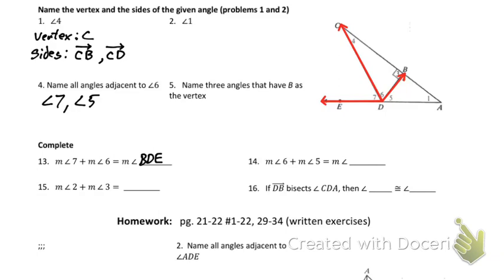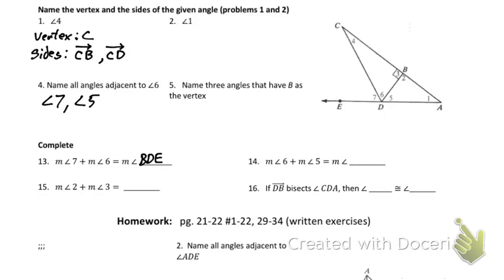All right, next one is measure of angle 6 plus measure of angle 5. What does that equal? Those two put together, what does that equal? What'd you come up with? Angle CDA.